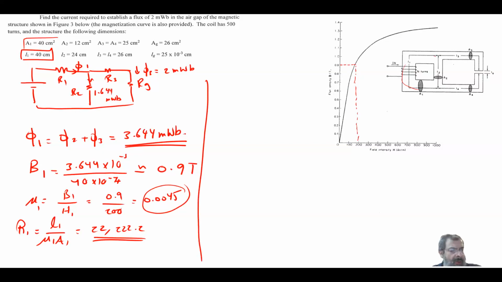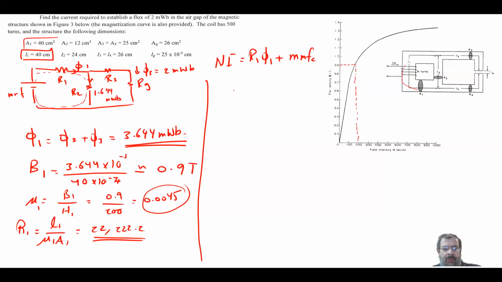So now I know the reluctance, I know phi 1, then I can apply KVL to this loop, for example, here. This is your main MMF, which is equal to Ni, which is equal to reluctance 1 times phi 1 plus MMF2 or MMF3, because they are the same.